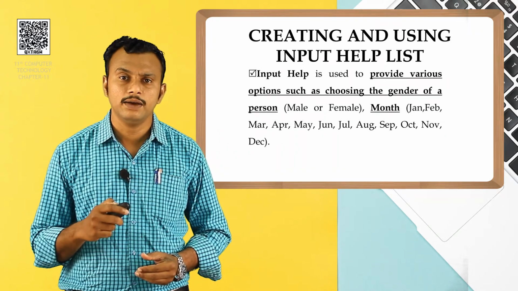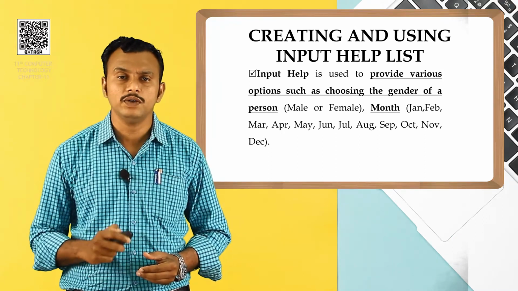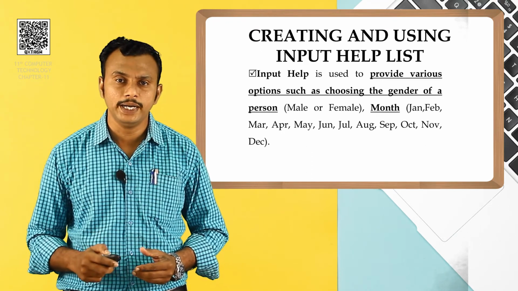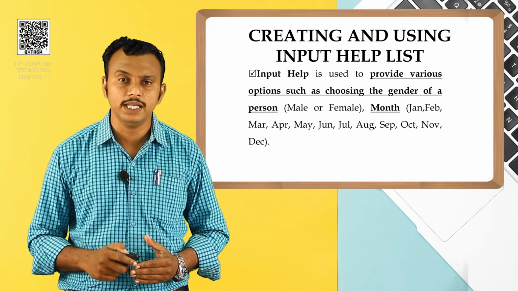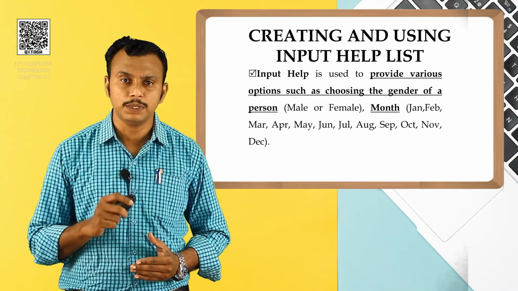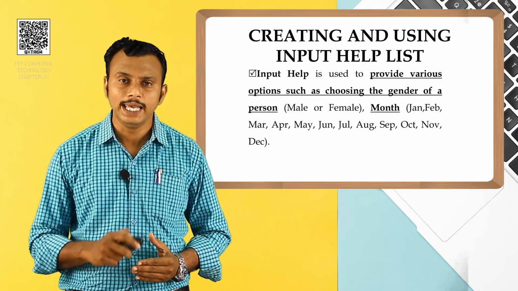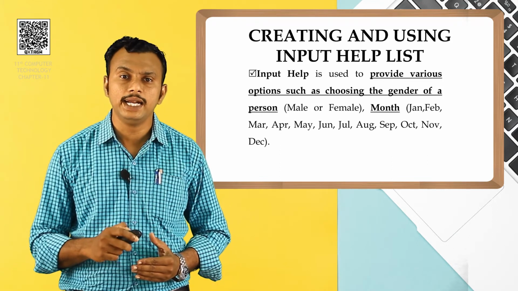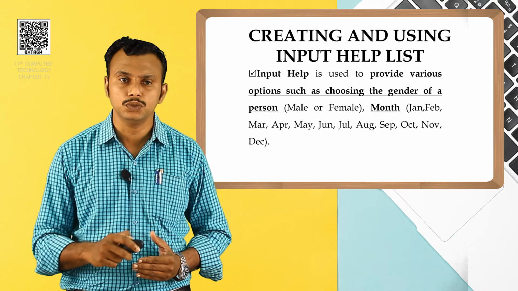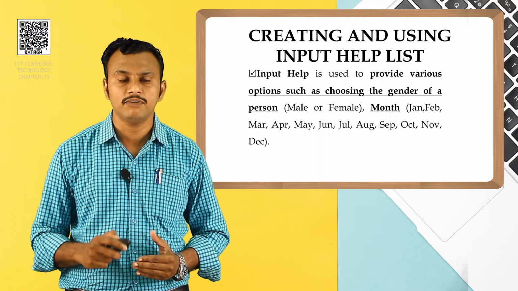Whenever you type the days of the week or the month, for example when you start typing JAN, it automatically shows whether you are typing January or not. Instead of typing January fully, if you press the space bar, the data will be entered in Microsoft Word. Like that, whenever we are entering data in the worksheet, the input help can be used by the user. Instead of typing the data, you can simply select the data from the worksheet.